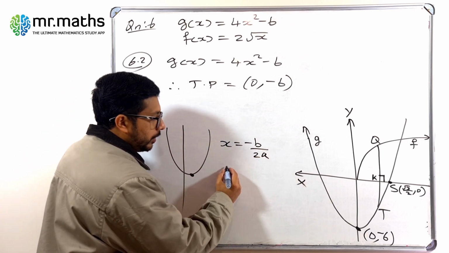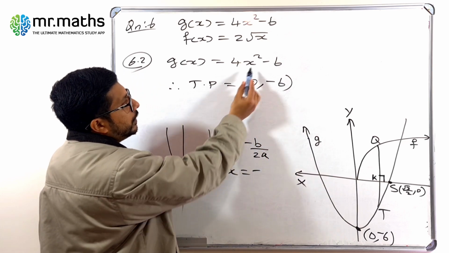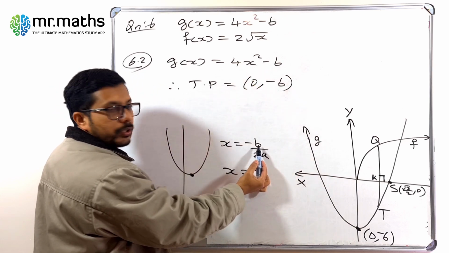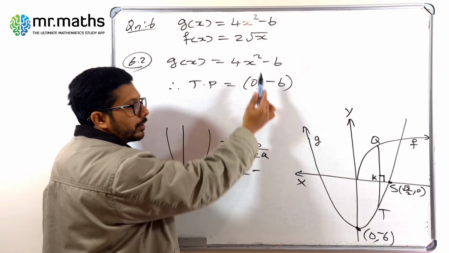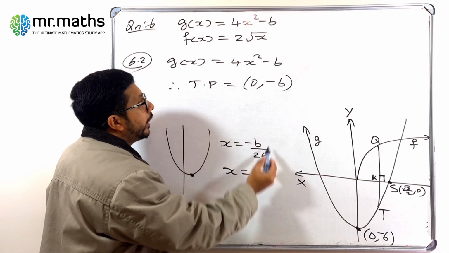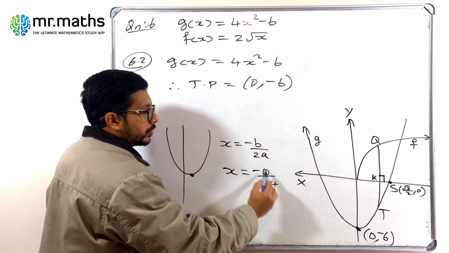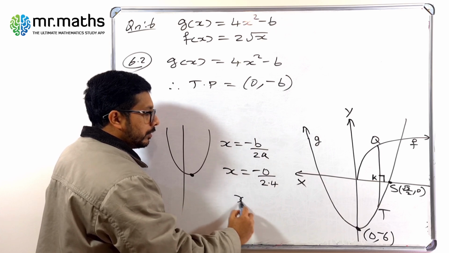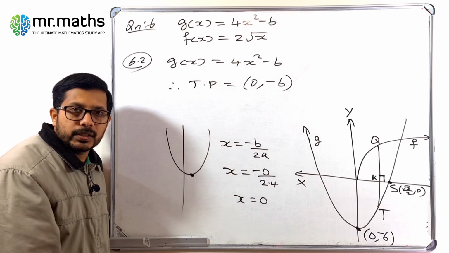If I apply that formula, b stands for the coefficient of x. Is there any x term here? No. So it is minus 0 divided by 2 into a, where a is the coefficient of x square, that is 4. So 0 by 8, x is equal to 0. Like that also you will get the value of x as 0.